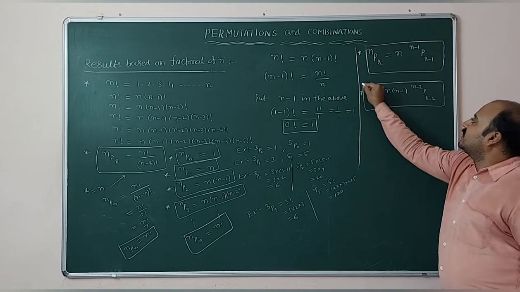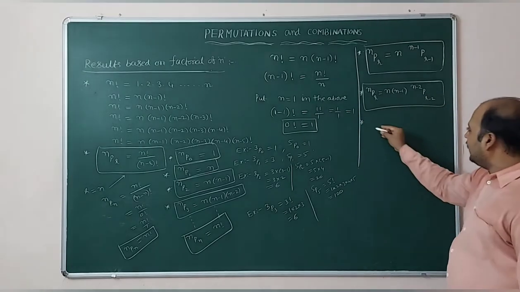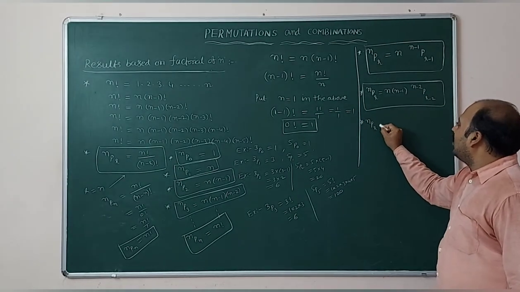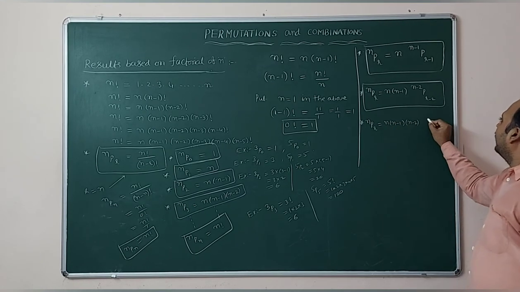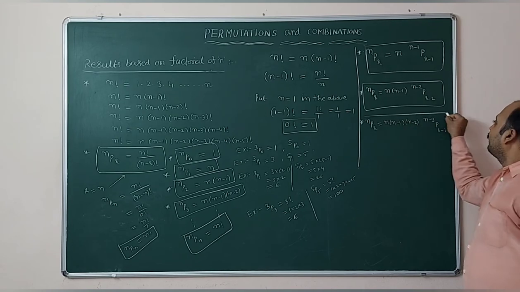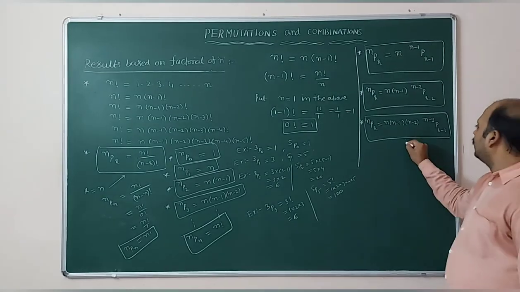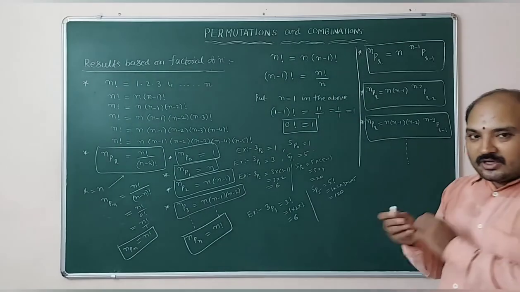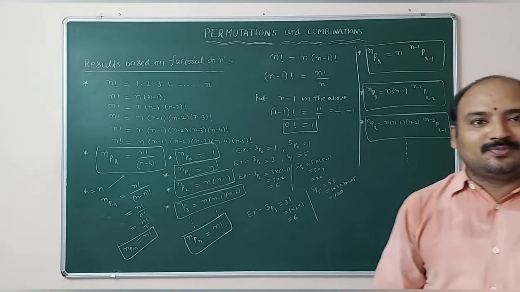If you want to write as a product of three terms, in terms of n minus 3 and r minus 3, nPr is equal to n into n minus 1 into n minus 2 into n minus 3 P r minus 3. Like this way we can write it, and so on. According to convenience we'll write it, and some results we are going to discuss now.